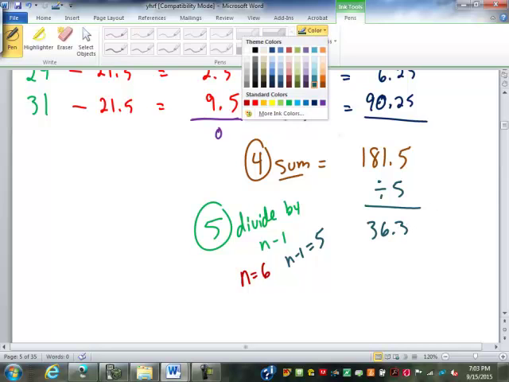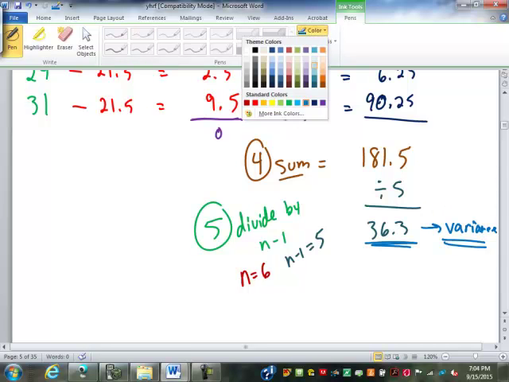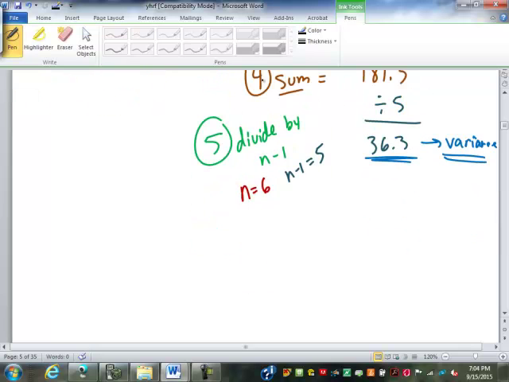This number right here is not our standard deviation, but it does have a special name. That would be called the variance. So at the end of step 5, what we have found is considered to be the variance of the data. The standard deviation requires one more step. Step 6, square root.